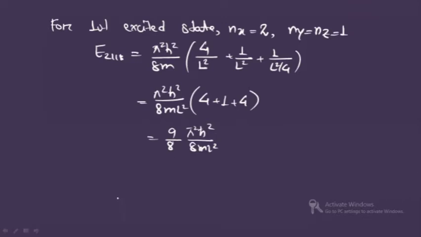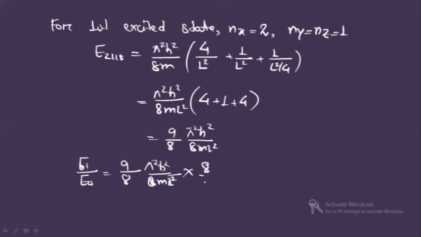Clear? So now we will see the ratio of first excited state and the ground state. So it is 9 pi square h cut square by 8 m L square, into for the ground state, we were having 6, so it will get reversed.